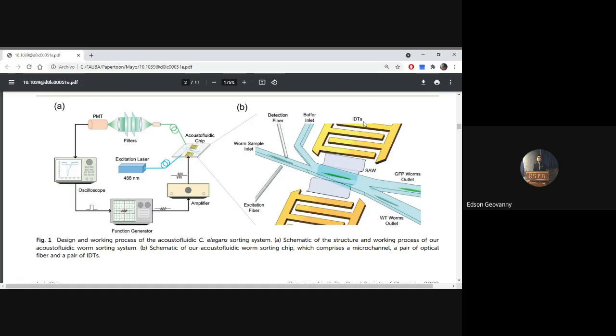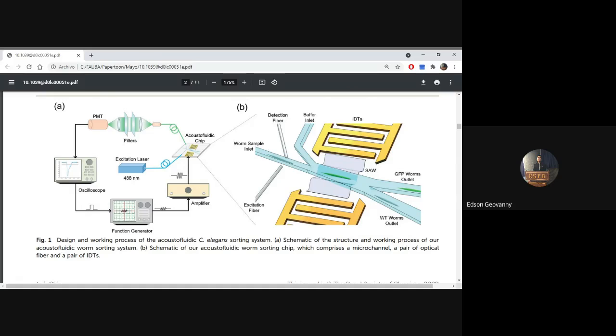In this part, the IDTs are interdigital transducers deposited on a lithium niobate substrate. During the process, the green fluorescent protein expressing and wild-type worms are loaded into the microchannel.